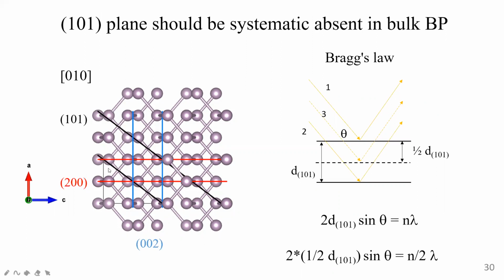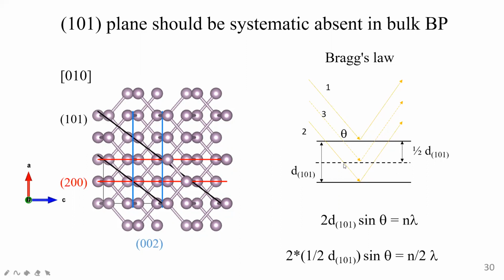So this is the 101 plane, and we can understand from Bragg's law. Here, these 2 planes are the 101, and at a certain angle, ray 1 and ray 2 will satisfy Bragg's law, so we could observe the diffraction peak.